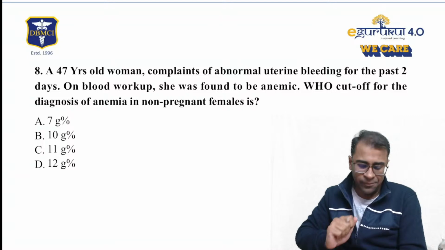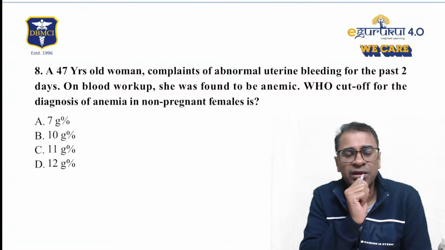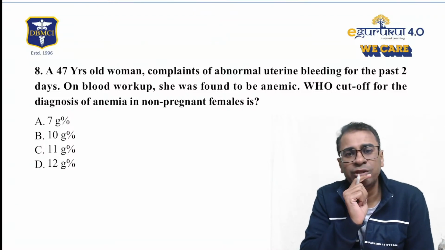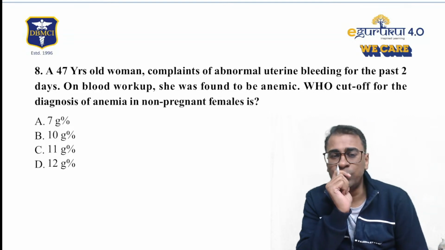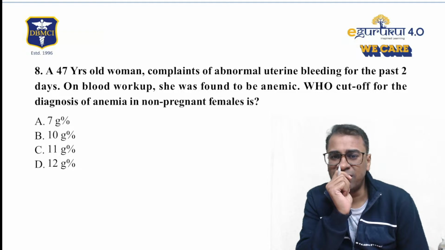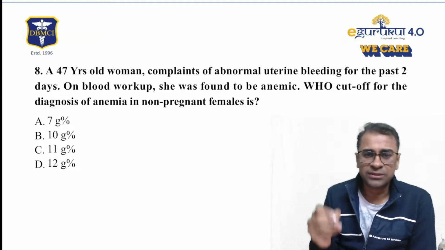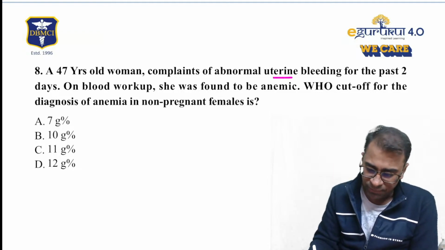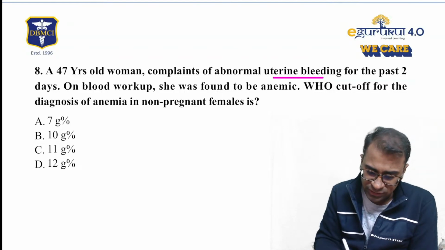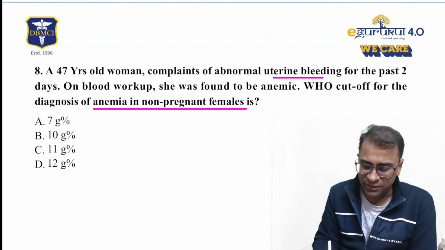Tell me this: a 47-year-old woman complained of abnormal uterine bleeding for the past 2 days. On blood workup, she was found to be anemic. So now the question is, she is having uterine bleeding, and the question is about anemia in non-pregnant females. What is the WHO cutoff?